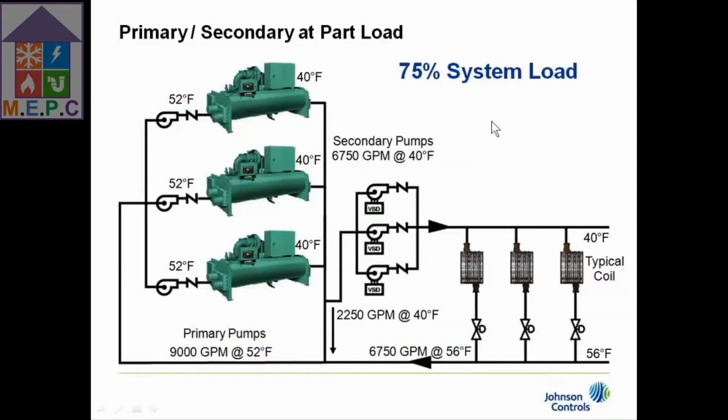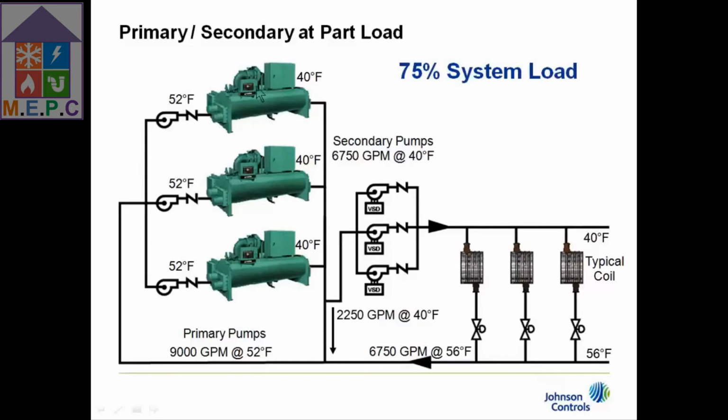At 75% load, we're going to make the assumption, which is not bad under ideal circumstances, that the flow and the load track one another, meaning that if the load is 75%, then the flow is 75%. 75% of 9,000 is 6,750. So we now have 6,750 flowing in our variable flow loop over here. In our constant flow loop, we still have 3 chillers running because we need them.